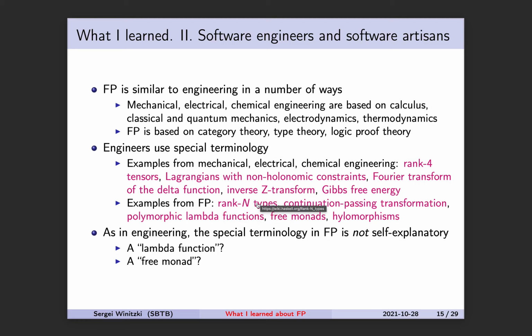So compare this with rank n types, continuation passing transformation, polymorphic lambda functions, free monads, or hylomorphisms. So this special terminology is not self-explanatory, just like in engineering. What is a lambda function? What's lambda? Why am I supposed to understand what that means? I'm not. It's a special terminology that needs to be learned separately.